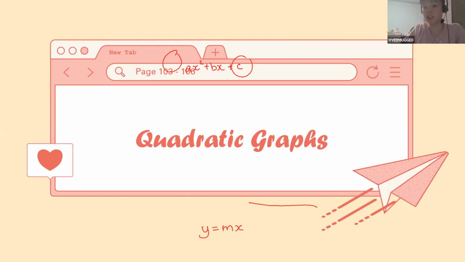Linear graph equation is y equals mx plus c, and your C is the y-intercept. So over here the C is exactly the same. The C for this graph is 3. So you can see that it cuts the y-axis at 3. This one is 1, it cuts at 1. So this is important as well. This is the y-intercept.